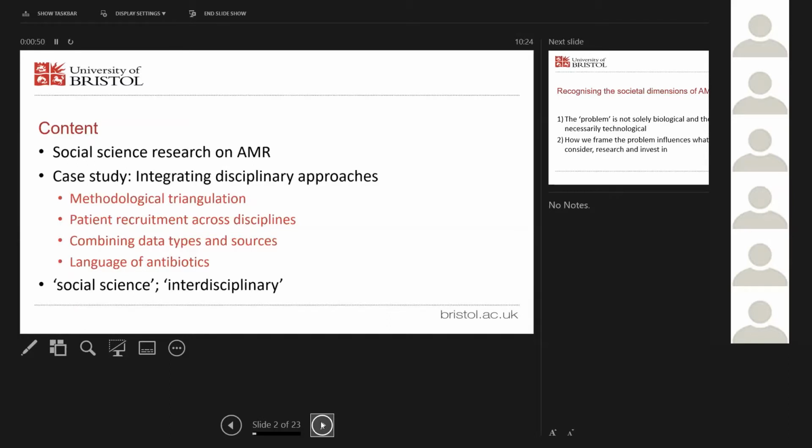And then I'm going to move on to a case study, and I will try in around 30 minutes to describe some of the processes which are involved in actually trying to integrate different disciplines in a real project, rather than just notionally, as we tend to say blithely we're going to do when we submit research proposals.